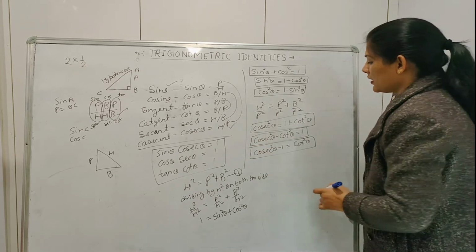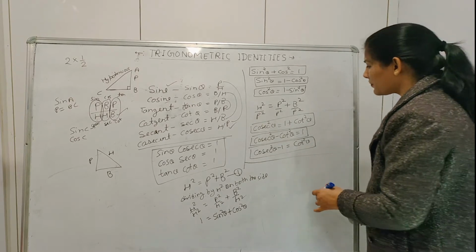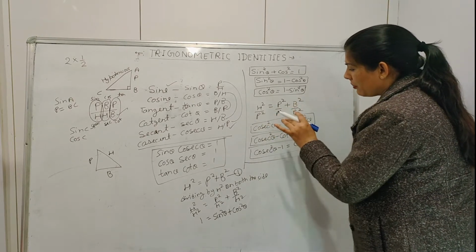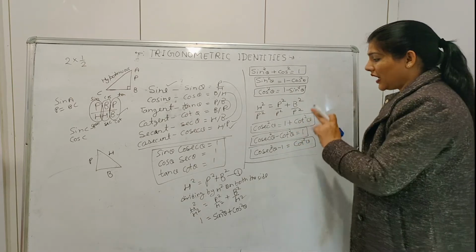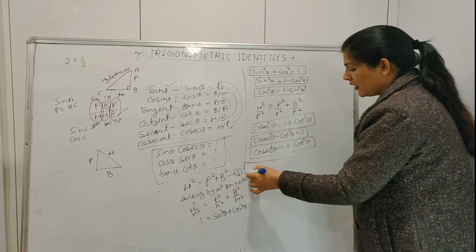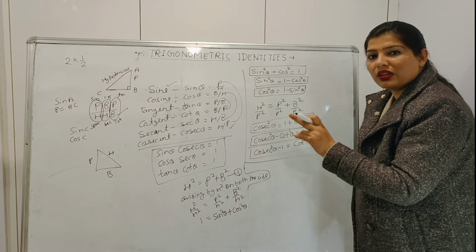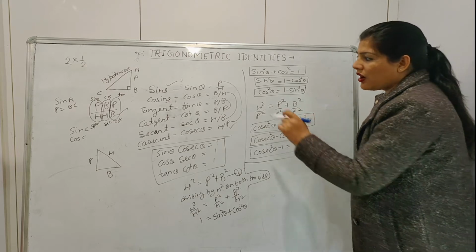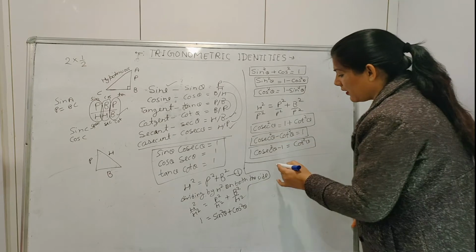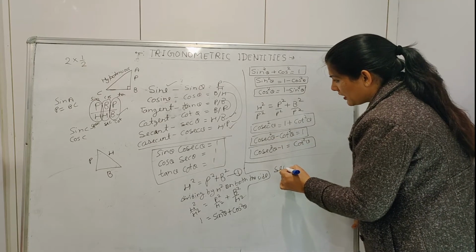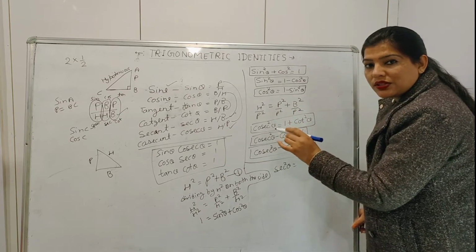And the third and the last identity is to divide the Pythagoras theorem by b square, and I'm writing the identity directly. If you divide h square by b square, you will get h by b whole square. H by b whole square gives you sec square theta. So here we have sec square theta equals 1 plus p upon b whole square, which is tan square theta.